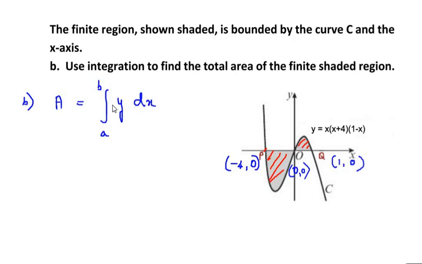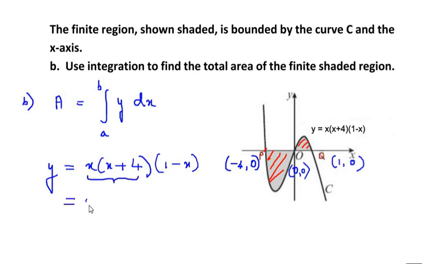So before that, let me just simplify the equation of y, and here we have y equal to (x plus 4) times (1 minus x). So I'm going to multiply these two terms first. It gives me (x square plus 4x) by expansion.